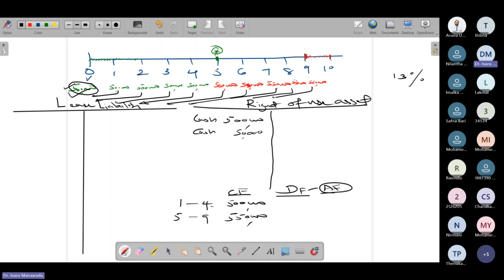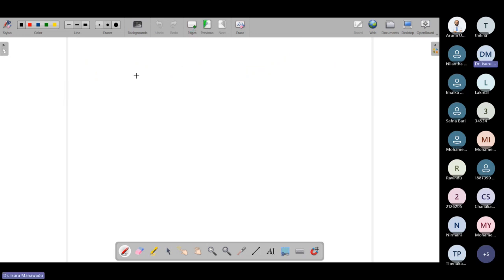Do you know what annuity factor is? Are you aware of annuity factor? Okay, don't worry, I will tell you that.